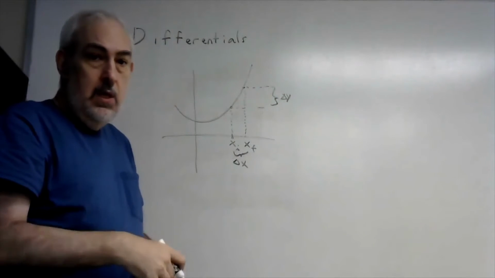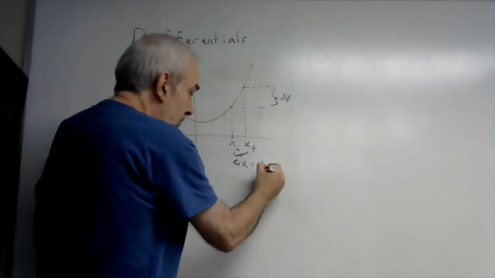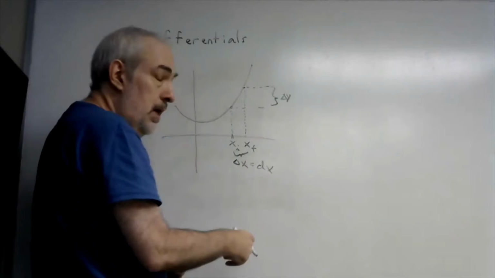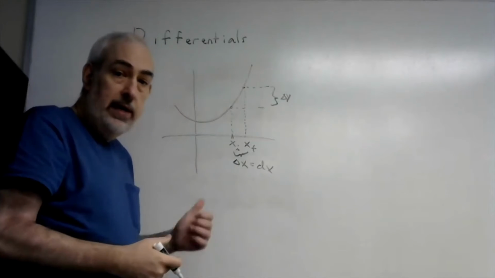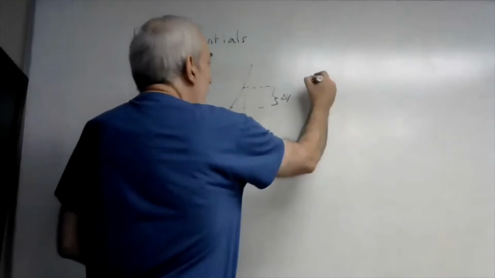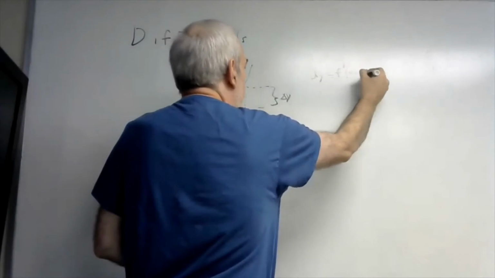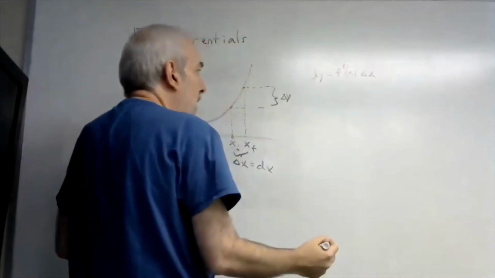Now dx is defined to be exactly the same as delta x, and now let's try to find on this graph what dy is. We had defined dy to be the derivative of f of x times dx.